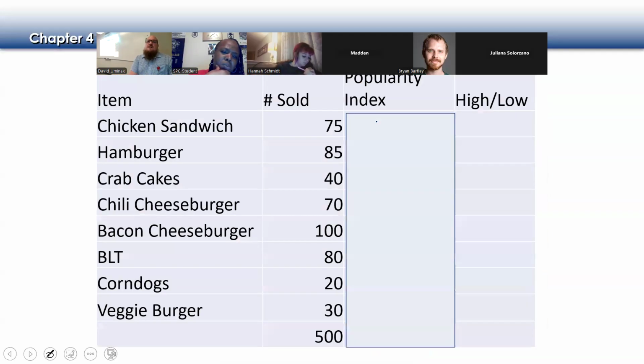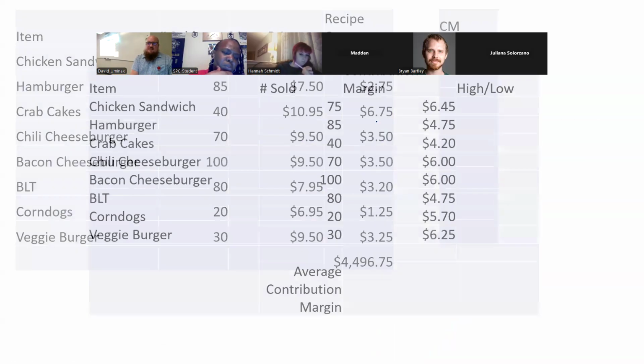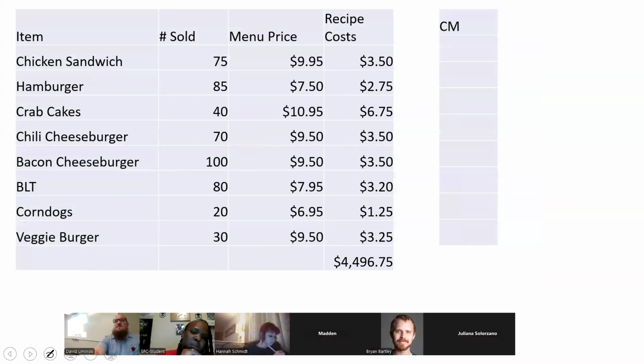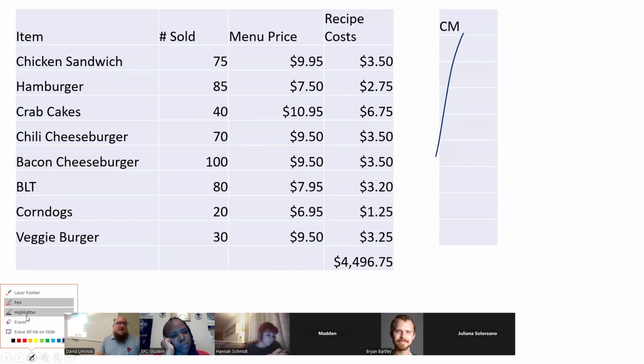So let's talk about contribution margin first. That's usually the easier one for us to grasp. We just talked about contribution margin as far as costing out and assigning our menu pricing. Remember, it's all the non-food costs and the profit.